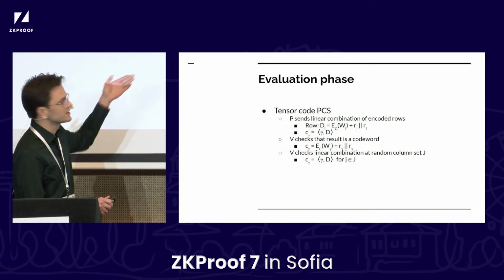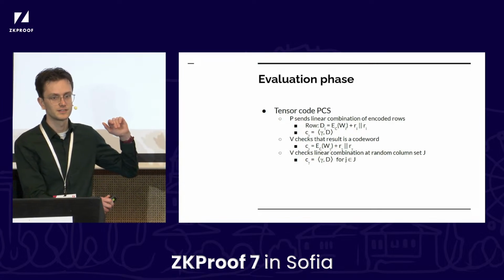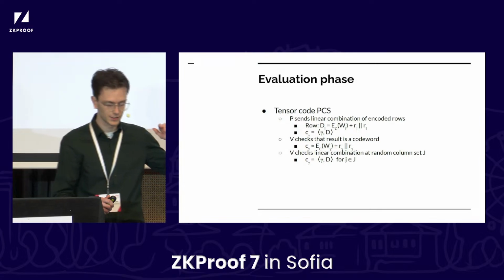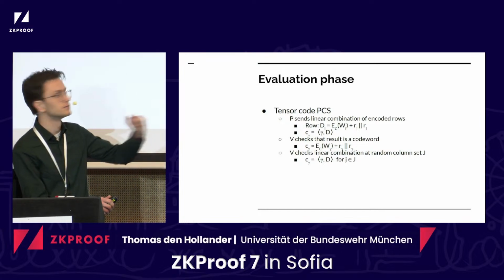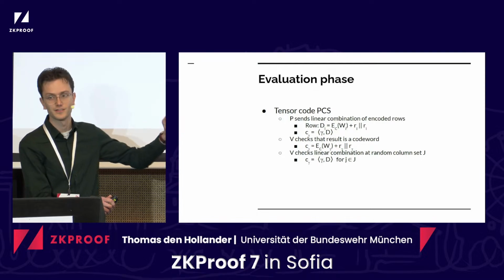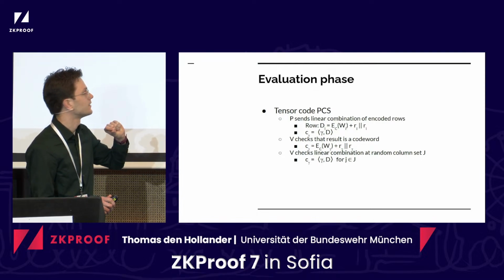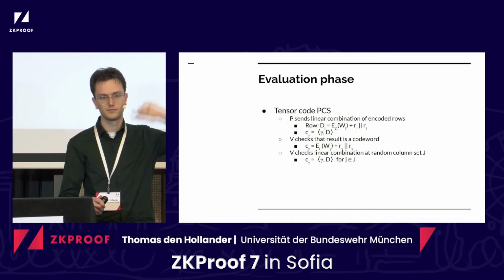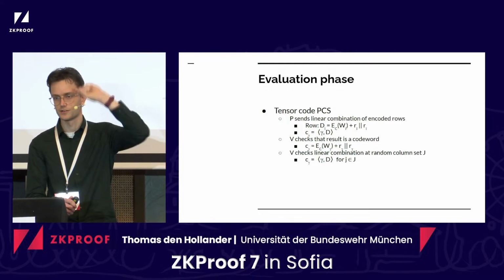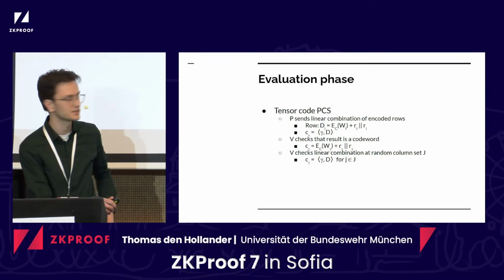And so both of these steps take time square root of n. So the verifier just encodes this w gamma and this random vector, and then also adds some random columns. These columns are also size square root of n, so this takes time square root of n.